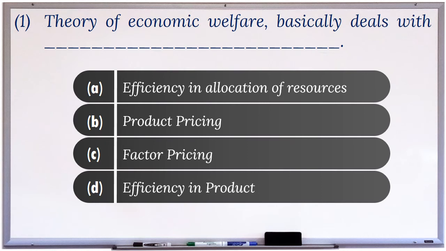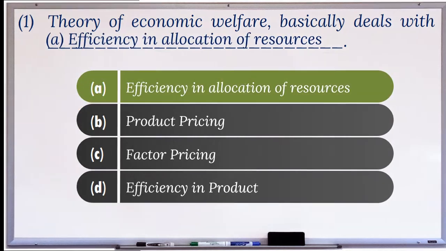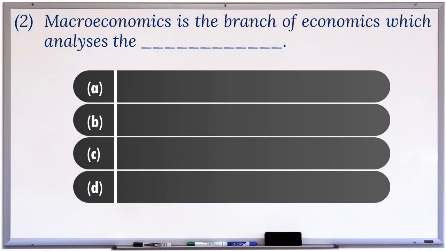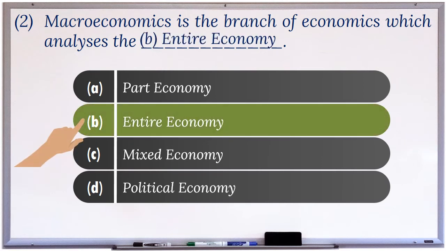And the correct option is A. Efficiency in allocation of resources. 2. Macroeconomics is the branch of economics which analyzes the dash. The options are A. Part economy. B. Entire economy. C. Mixed economy. D. Political economy. And the correct option is B. Entire economy.